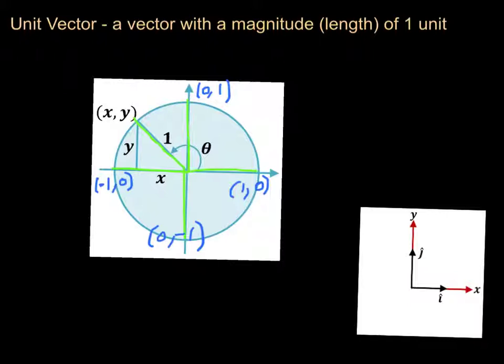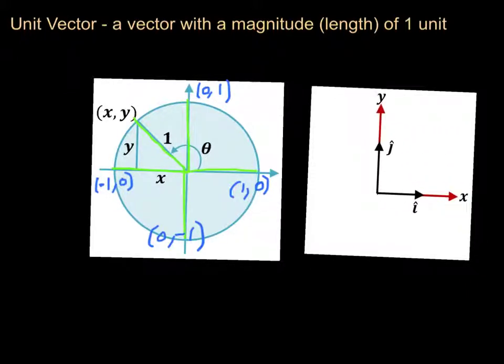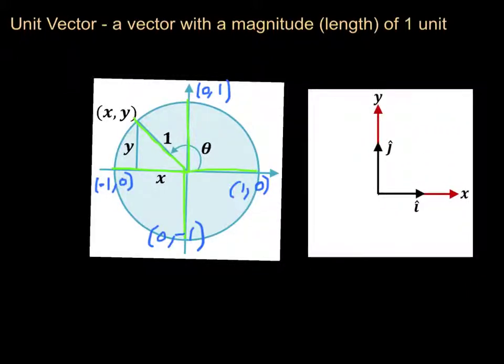All right, well, unit vectors, if you look at this picture over here, we associate the unit vector on the x-axis as i. Okay, the unit vector is i, and that's the little notation right there for the unit vector.